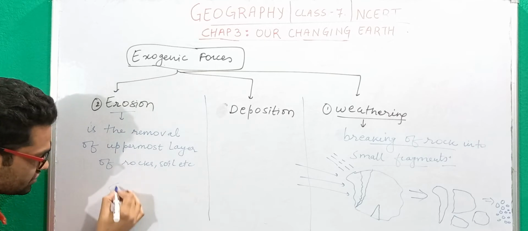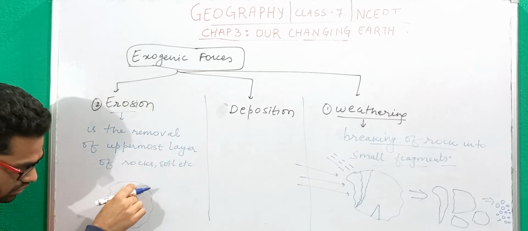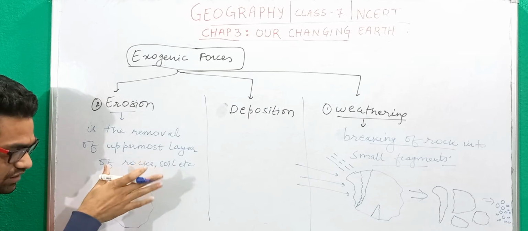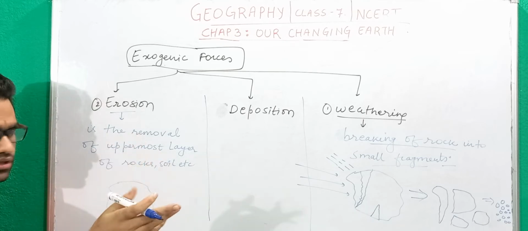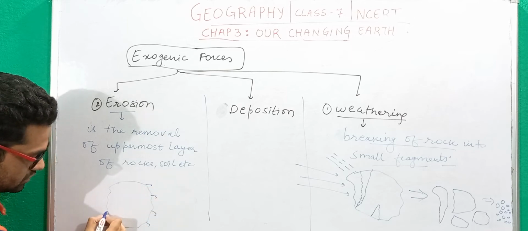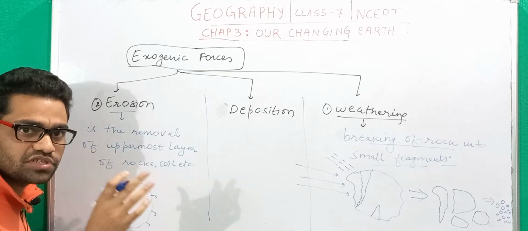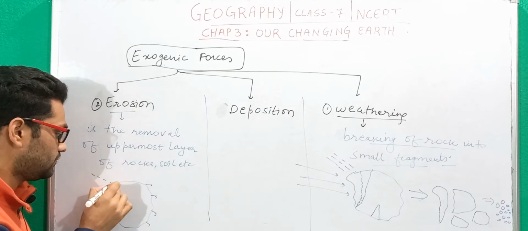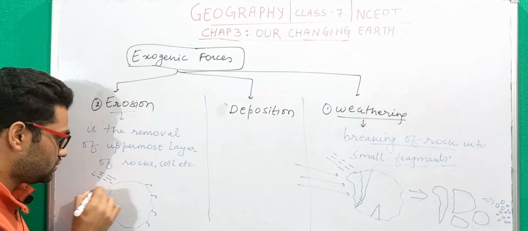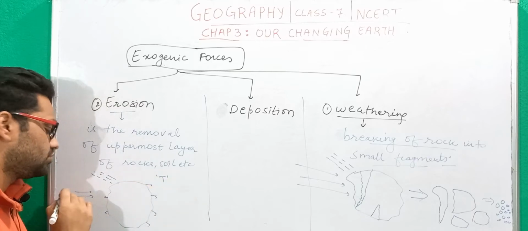Let's suppose this is the rock. This rock is made up of many layers. The layer which is exposed to the environment has the maximum exposure to rainfall, temperature differences and wind.